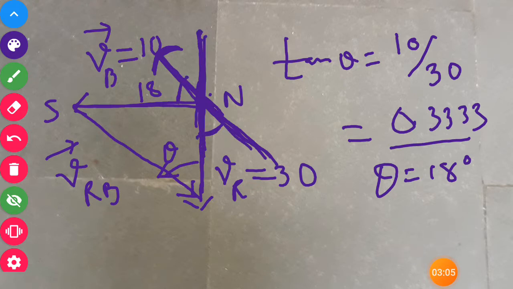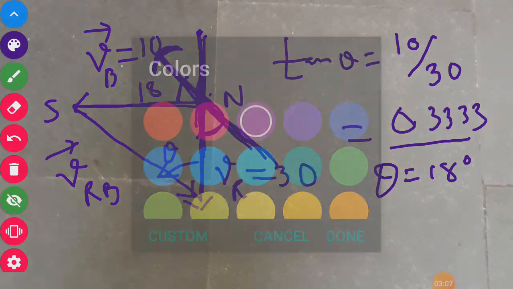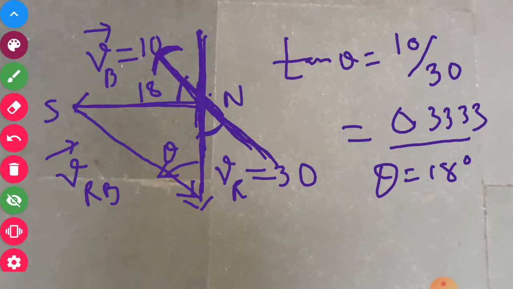This can also be understood this way. If you draw this vertical line, and here this angle is 18 degree, then these are alternate angles, so here this angle will be 18 degree, and these are two vertically opposite angles. So the angle I am talking about, where the umbrella is kept, also becomes 18 degree.